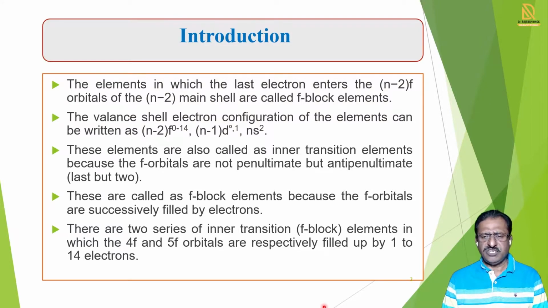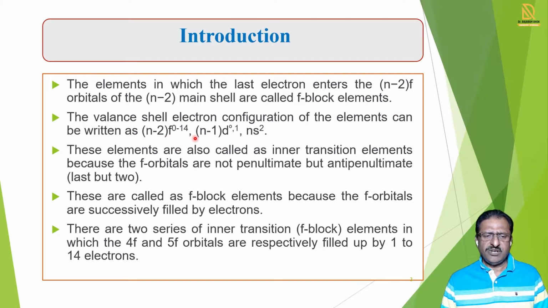If we see the nth shell, there are different shells or different periods, and F orbitals start at the position n-2. The general valence electron configuration for F block elements is (n-2)f 0 to 14, (n-1)d 0 to 1, and ns2.